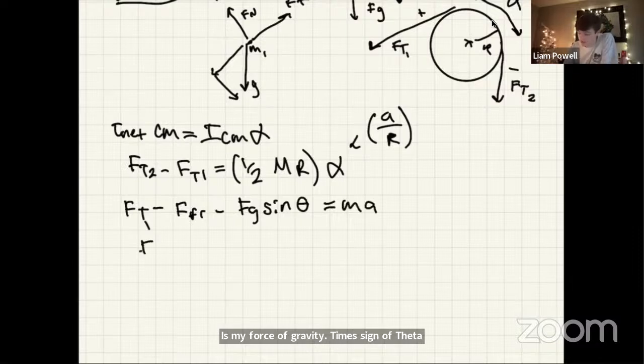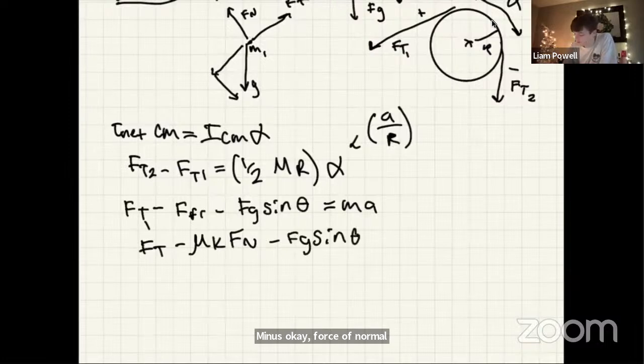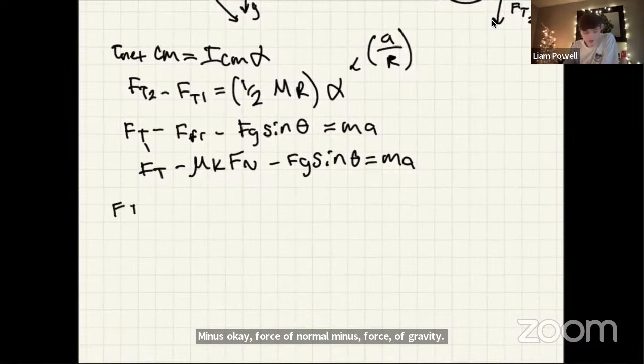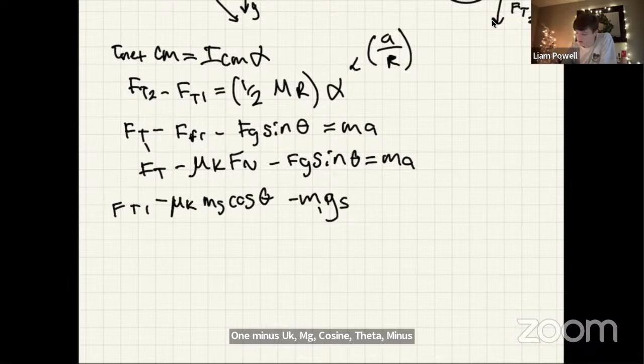Then we also have force of tension minus mu k times the normal force minus force of gravity sine theta equal to mass times acceleration. We plug those together and we get force of tension 1 minus mu k m g cosine theta minus mass 1 times gravity sine theta equal to mass times acceleration.